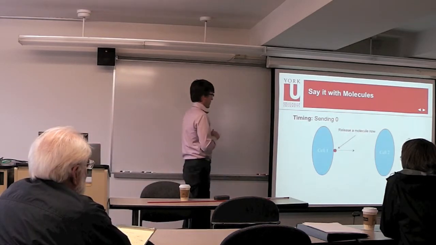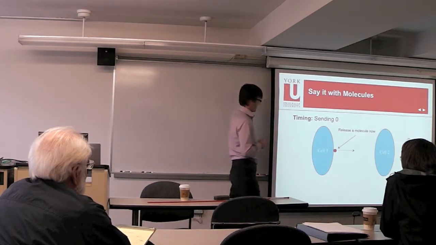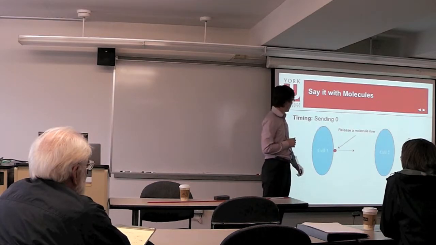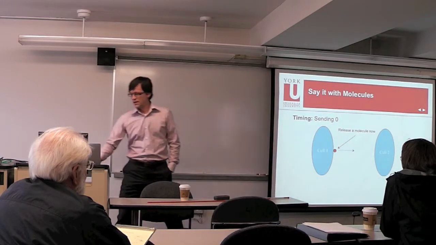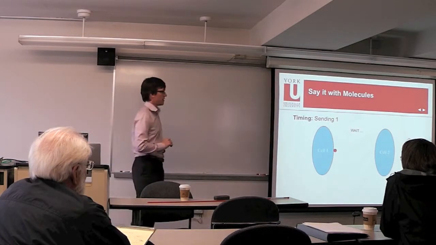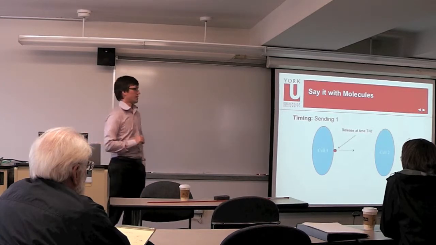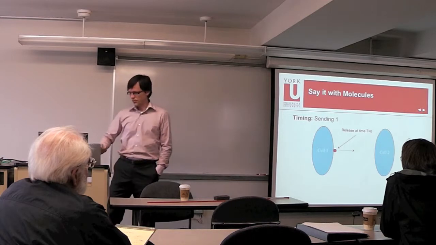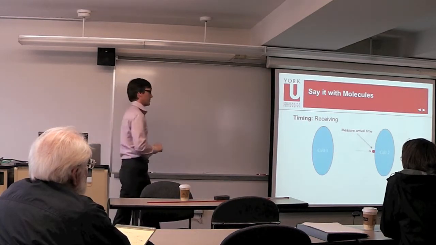The third way that we might communicate using molecules is to use timing. One thing I can do is send a 0. In order to send a 0, I can release a molecule now. In order to send a 1, I wait a certain amount of time, and then I release a molecule later. The receiver will measure the arrival time.